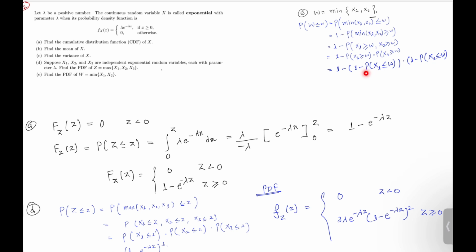We know this is nothing but the CDF of the exponential random variable, so the 1s get cancelled.